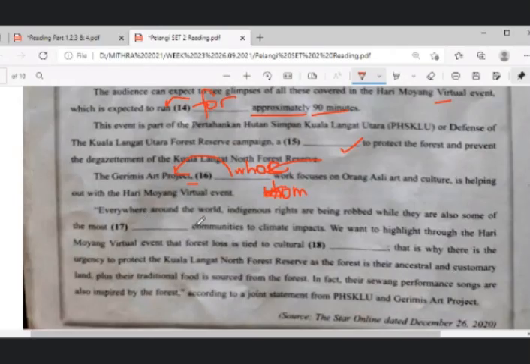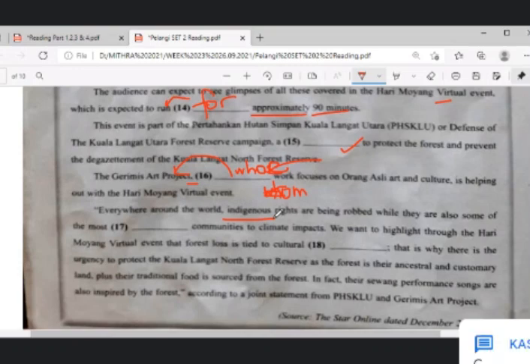Everywhere around the world, indigenous rights. Okay, you should know what this word means. In Malaysia we have the orang asli, the aborigines. They are actually the origin of our country, and most of the time they are in the jungle. But now everything is modern, they are no longer like that.